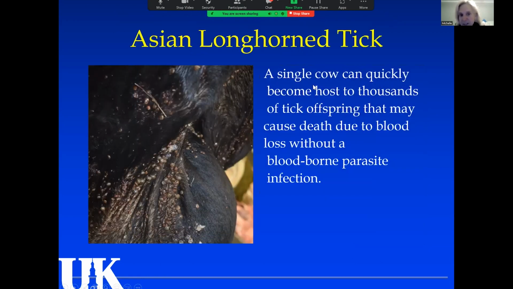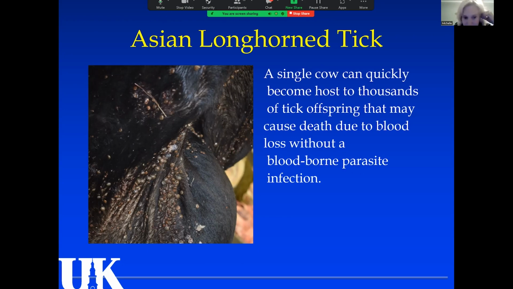And a single cow can become host to thousands of ticks that can cause death simply due to blood loss, even without the protozoan parasite. The ticks themselves can cause death. Actually today, I got a call from the entomologist at UK saying a four-day-old calf in Kentucky was found today that had died from this tick.